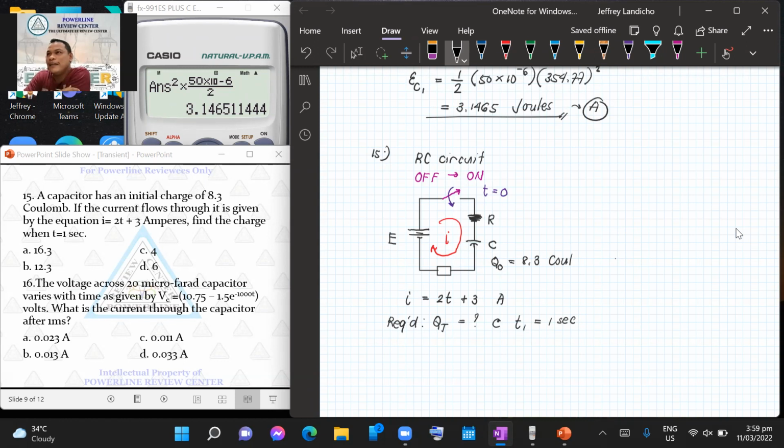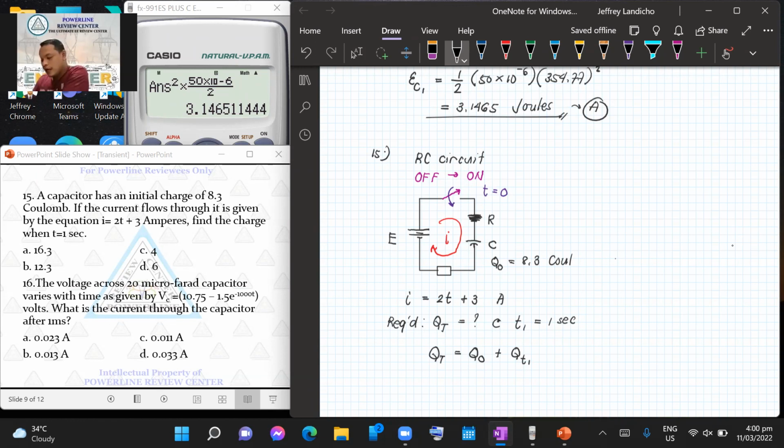So di ba kapatid, after mo siyang i-plug in using the charger, so after certain minutes, madadagdagan yung kanyang charge. So anong ibig sabihin nun? To get now the total charge of our capacitor after 1 second, it is always equal to whatever its initial charge plus the additional charge that this capacitor gained after what? 1 second.